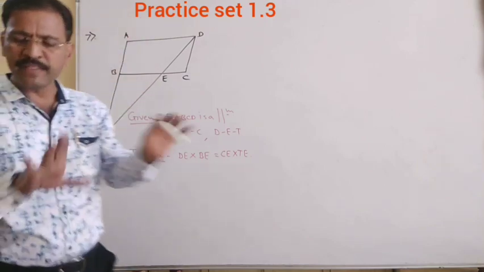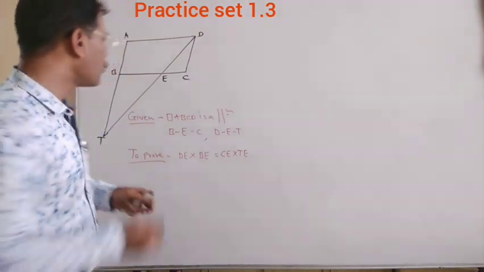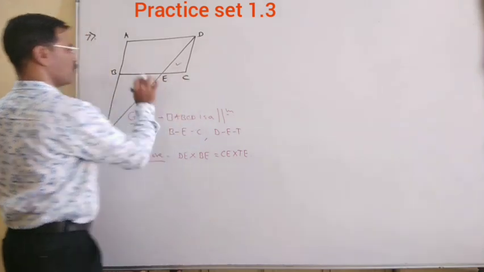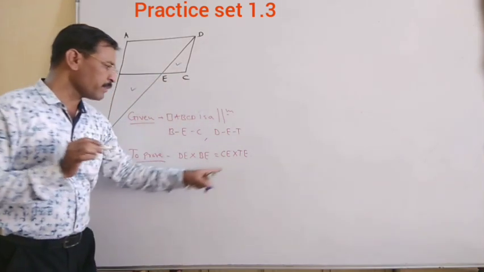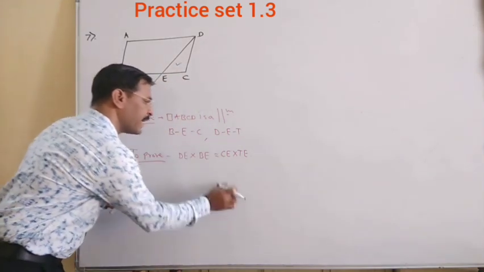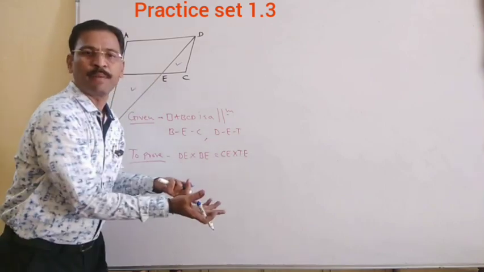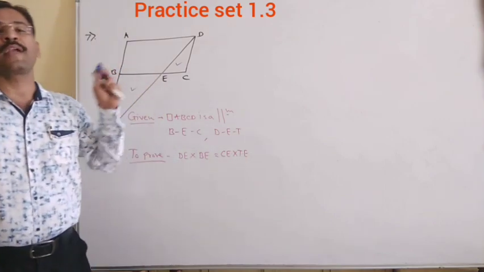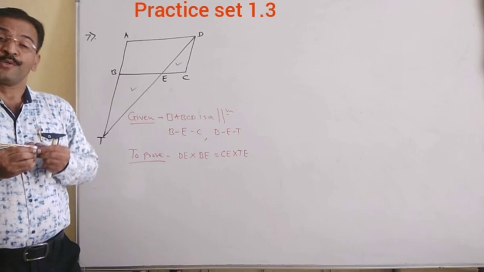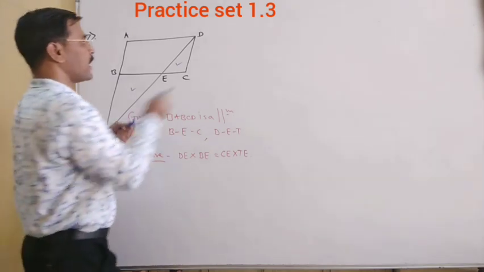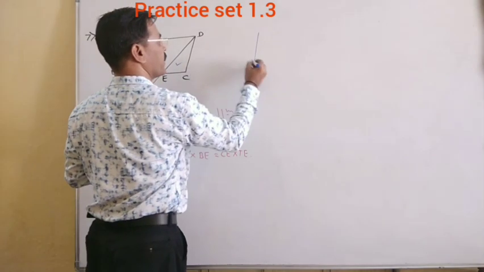That means everything is about these two triangles only. So where it is possible, one side take that side, one side take this side, then sides are in proportion, which means we have to prove the two triangles are similar.